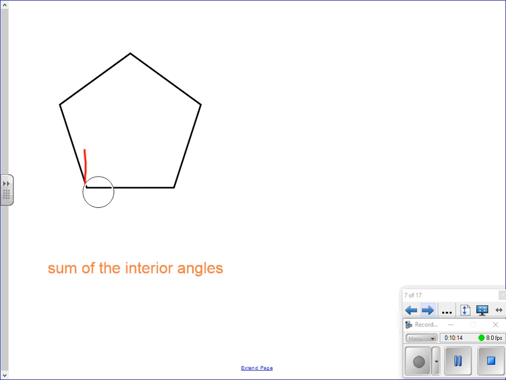So, how would we find the sum, that means when you add up all of the inside angles, what it would equal? Well, let's start at one corner and see how many triangles we can make, like we did with the quadrilateral, with the square. We could make a triangle to there, and in fact, we could make 3 triangles out of this. 1, 2, and 3.